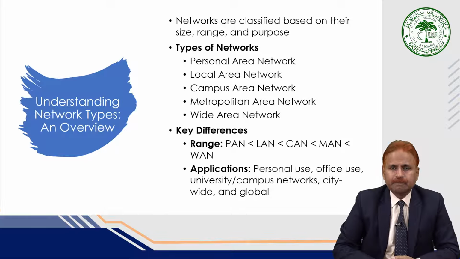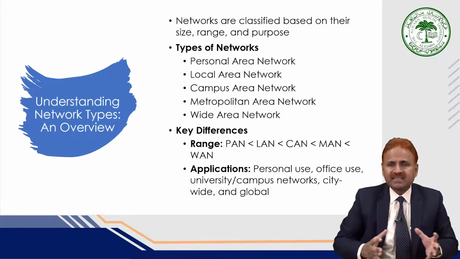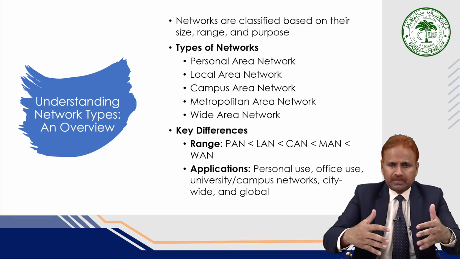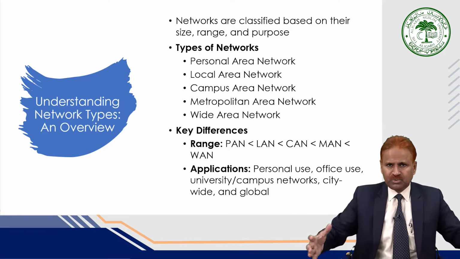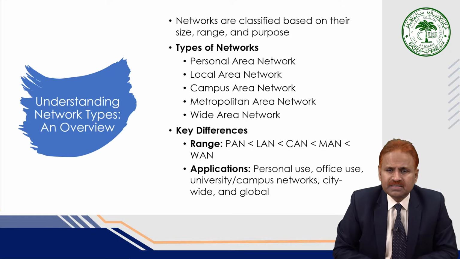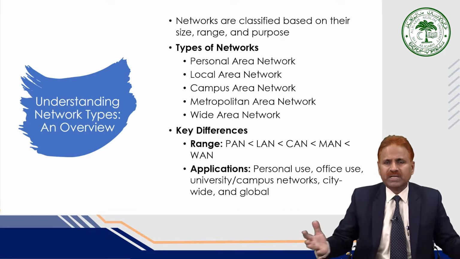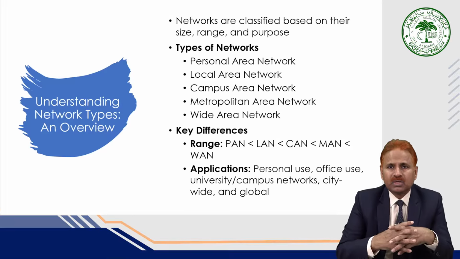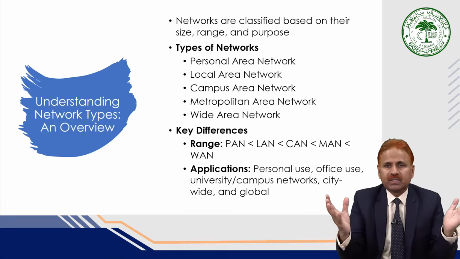As far as the geographical span is concerned, a personal area network is for personal use. Lowest span is there, greater span is for LAN. Further, CAN and MAN are much wider networks, and wide area networks span throughout the globe.